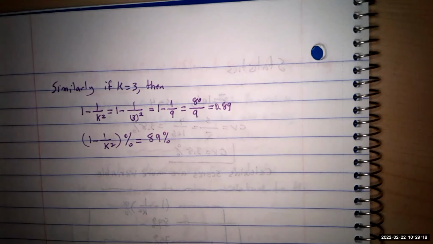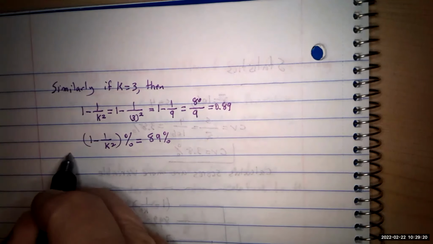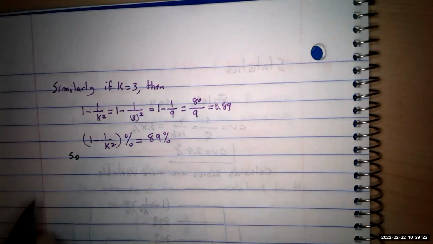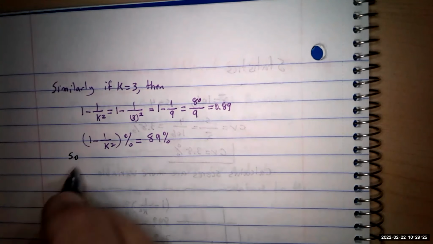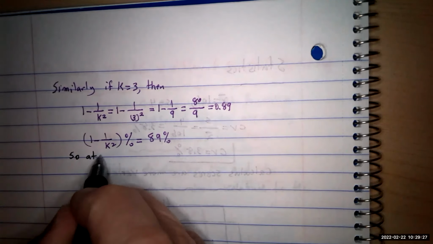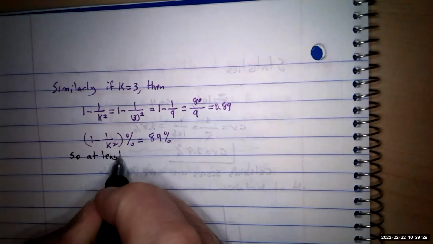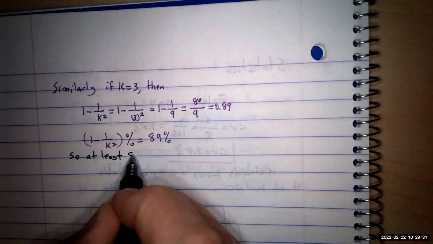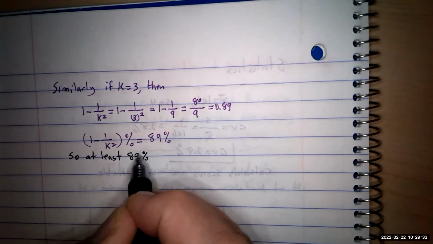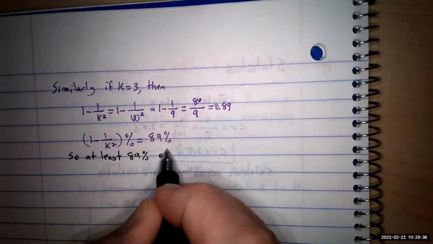So the conclusion of this, again, you have to know it and you can use it anytime you like: at least 89% of data values.